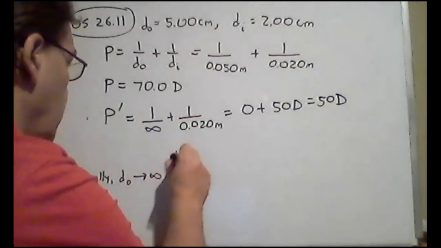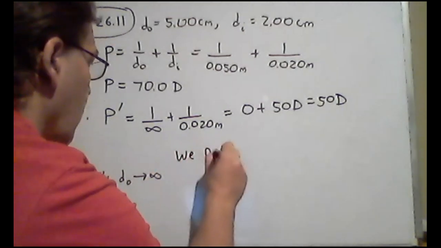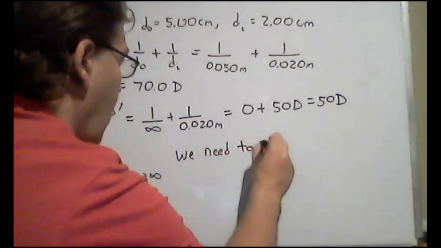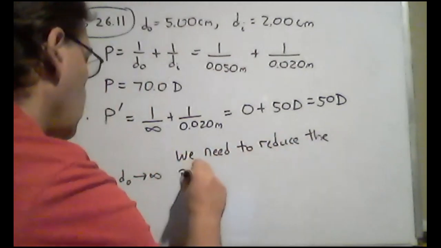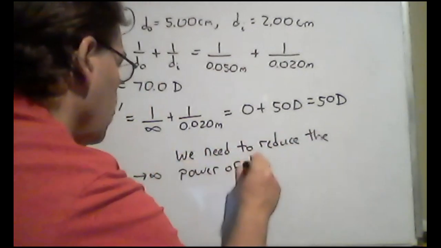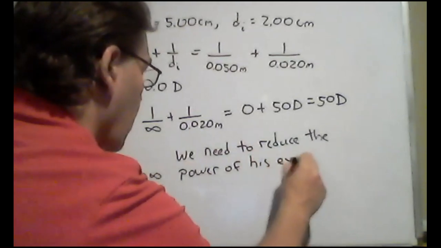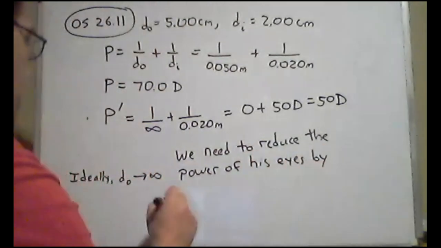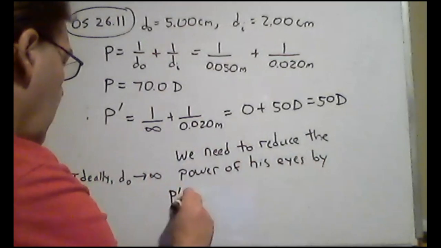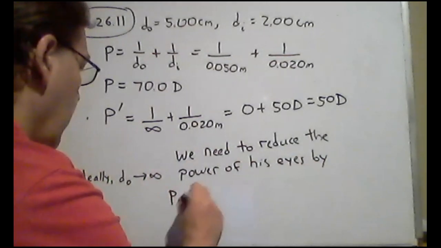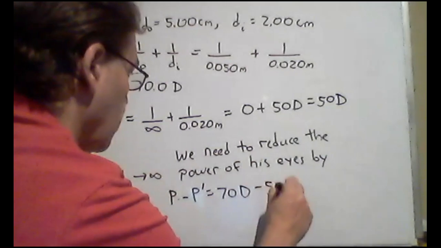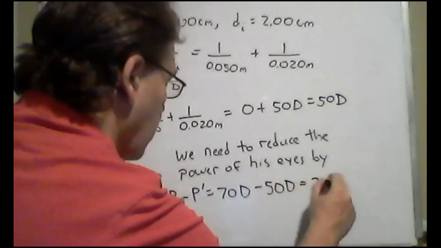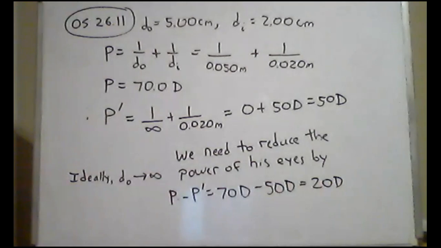Well, we need to reduce the power of his eyes by P minus P prime, which equals 70 diopters minus 50 diopters equals 20 diopters. So his eyes need to have their power reduced by 20 diopters.